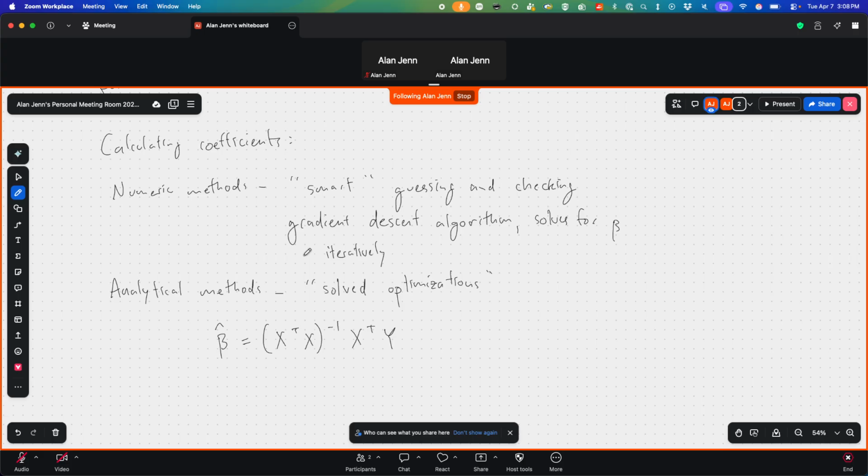Yeah, so generally speaking, the analytical method is preferred, and when you run a linear regression in R, the default method will be the analytical. Why would I do a guess and check algorithm if I could do a closed form solution? In general that's going to be true, but actually not always.